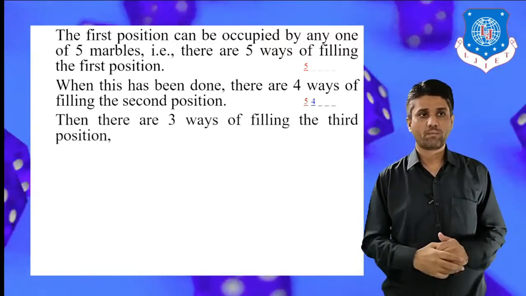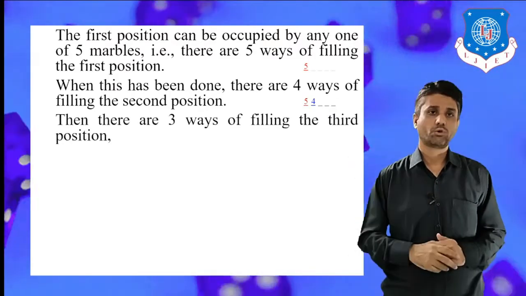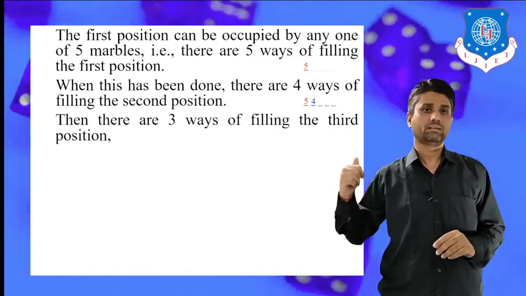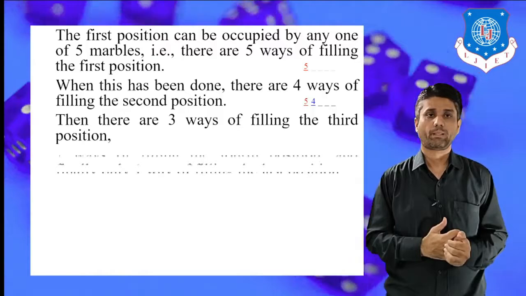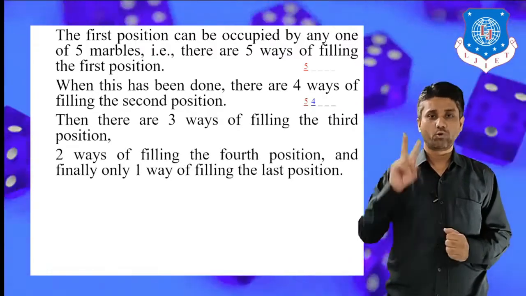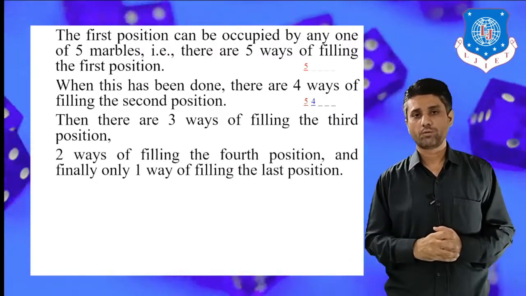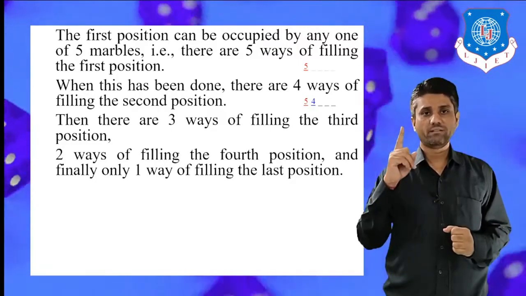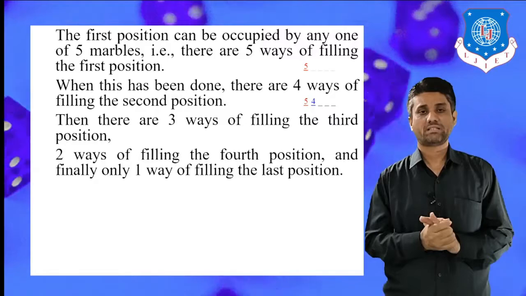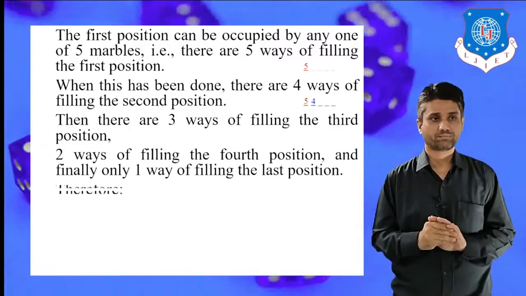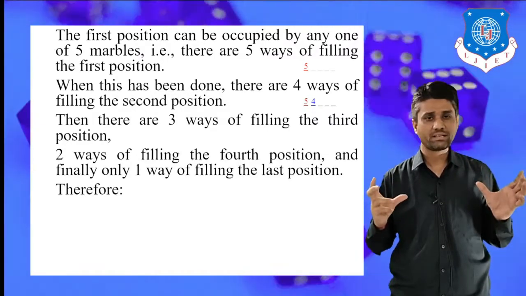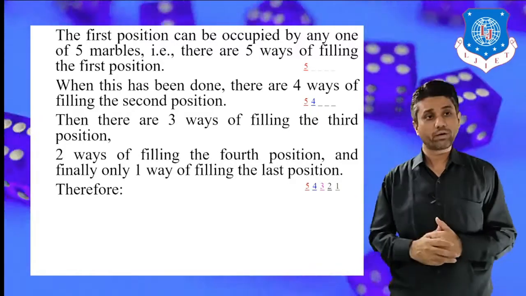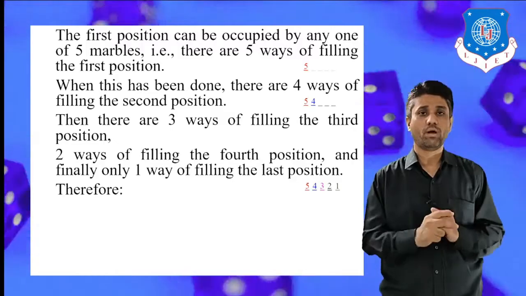Next we fill up the remaining positions. There are 3 ways to fill the third position, in the same way there are 2 ways to fill the fourth position, and finally there is only 1 way to fill the fifth, that is the last position. So by combining all this, there are a total of 5 into 4 into 3 into 2 into 1 possibilities.